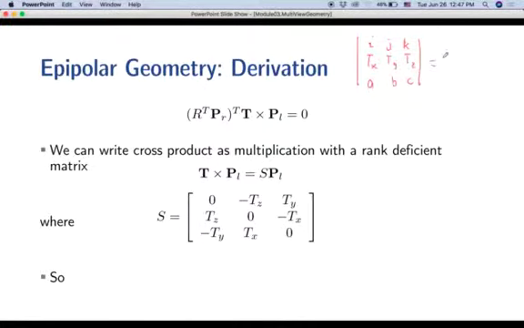Well, the first term is going to be Ty C minus Tz B. The second is going to be minus Tx C plus A Tz. And the third one is going to be Tx B minus Ty A. Is that correct? Okay.